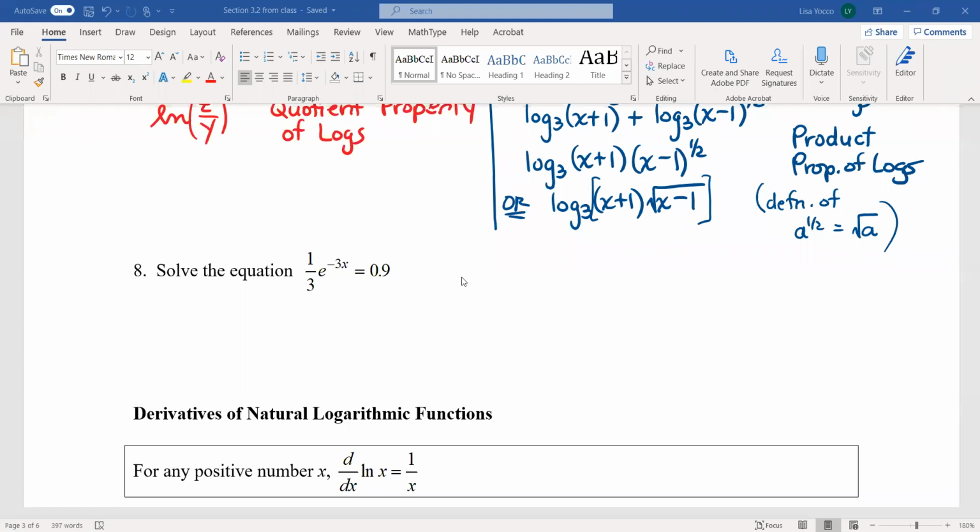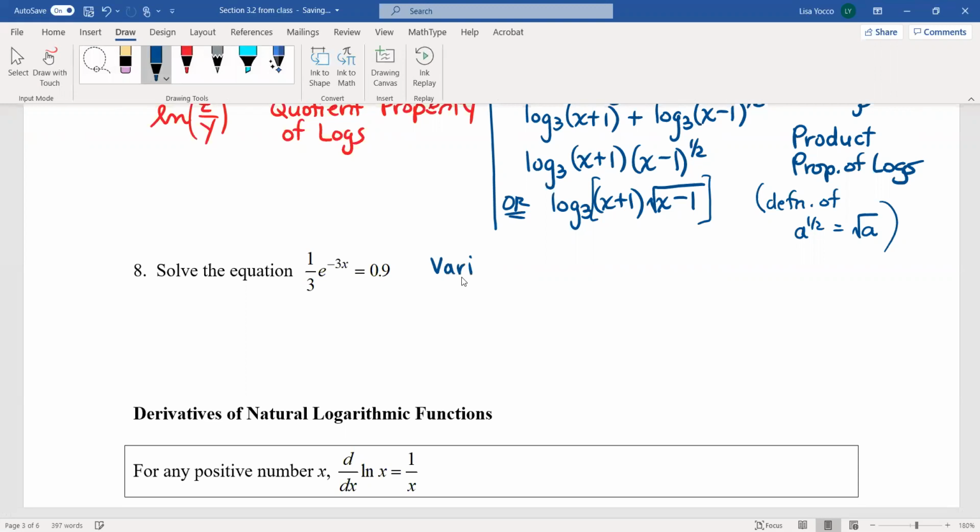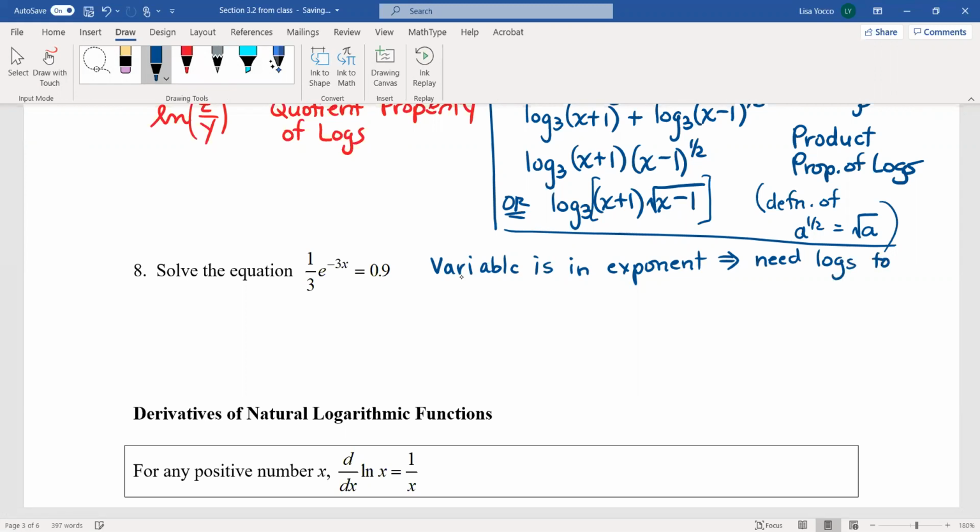If you're solving an exponential equation, meaning that the variable is up in the exponent, then to solve the equation, which eventually means it'll say x equals something, you're going to need logarithms to get the variable out of the exponent. That's pretty much what is going on.